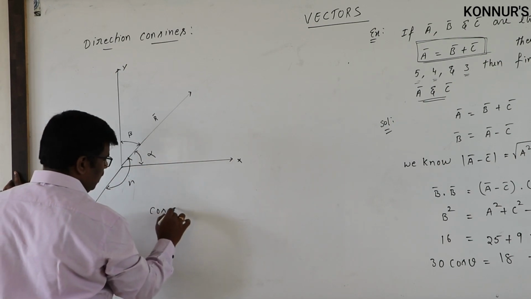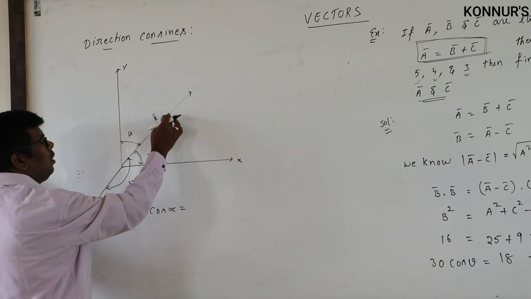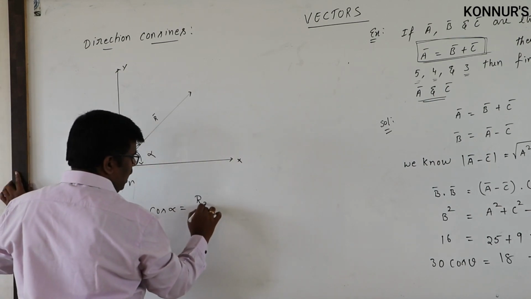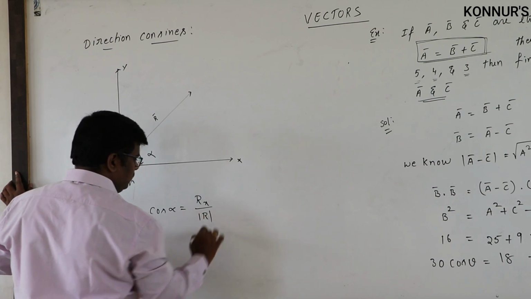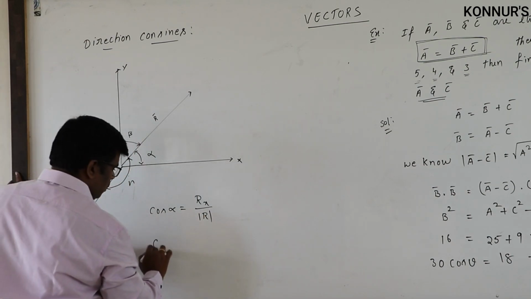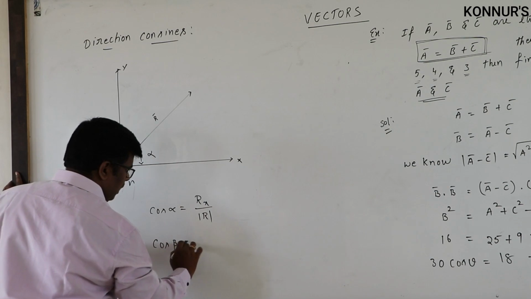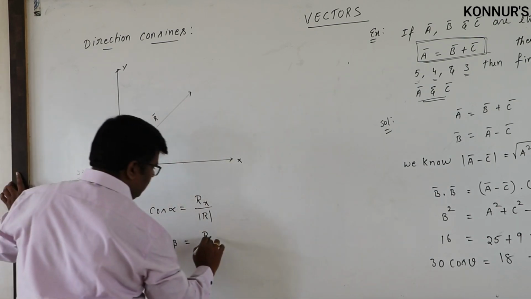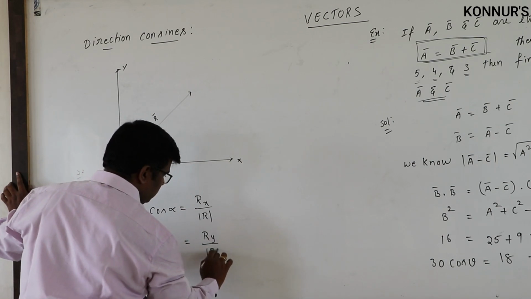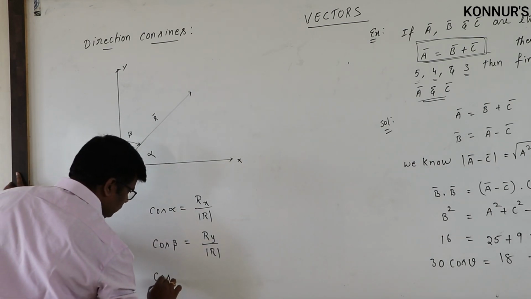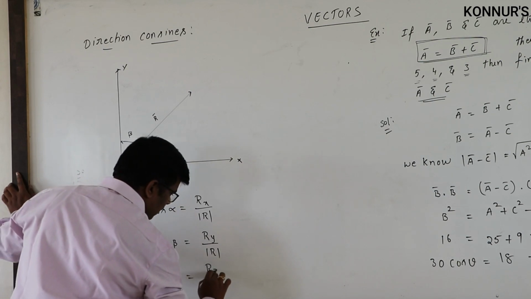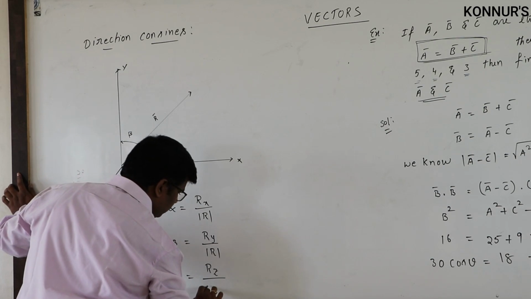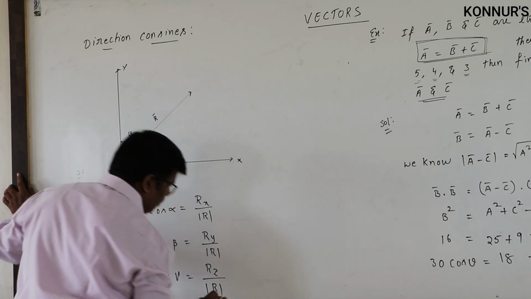Then if you take cos alpha, that is the x component of this vector along the x axis by its magnitude, which we can write as rx by modulus r. Similarly, cos beta is the component along the y axis, ry by modulus r, and cos gamma equals rz, the component of vector r along the z axis, by modulus r.